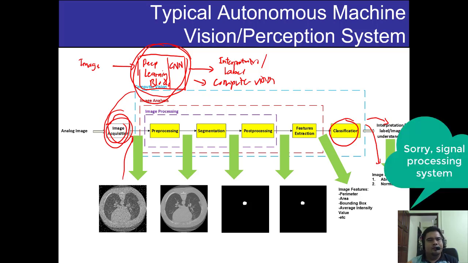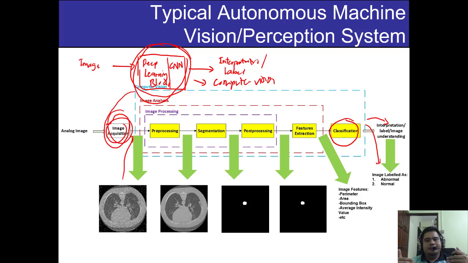For one dimensional signals we don't have many different terms. They just call the whole system a signal processing system. But for the image processing community, there are three terms you need to remember: image processing, image analysis, and computer vision.